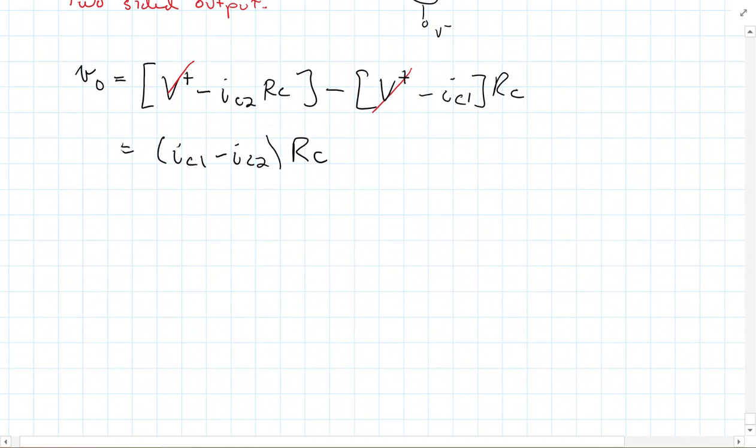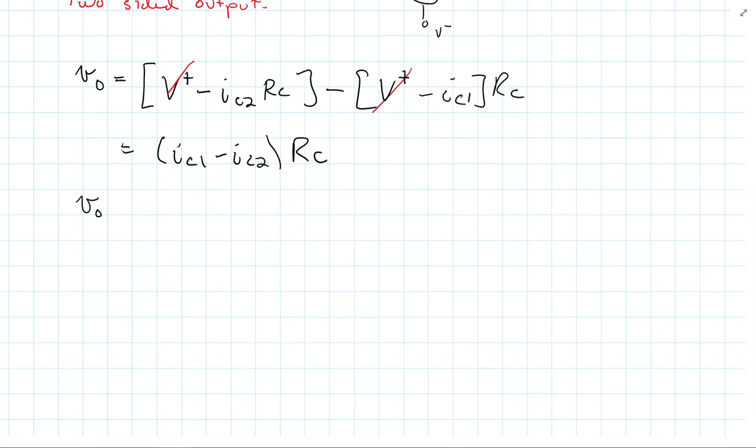And now we're going to use not the equations with the IS and everything. We could do that, but remember how we talked in our previous lessons? We're going to try and do it without having to use the exponentials, because if we have to use the exponentials, life becomes difficult.